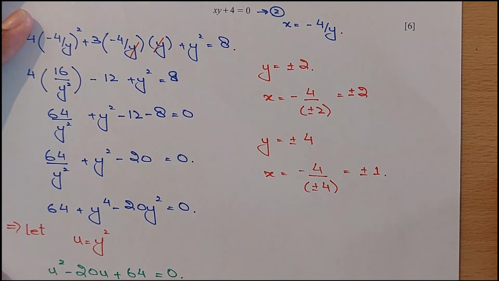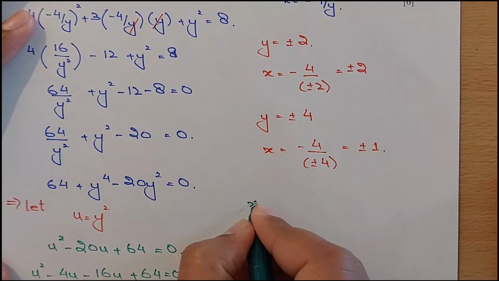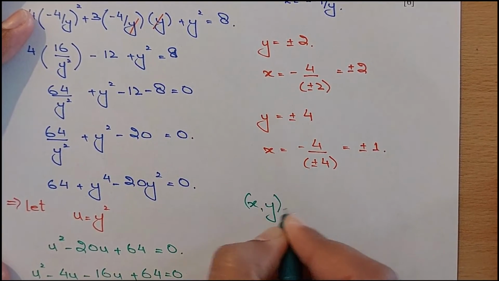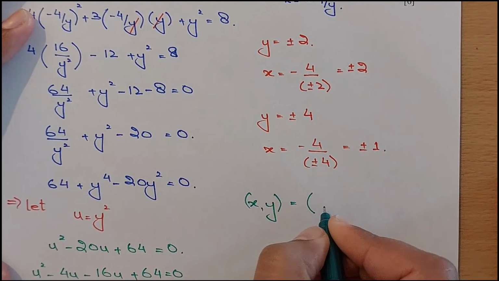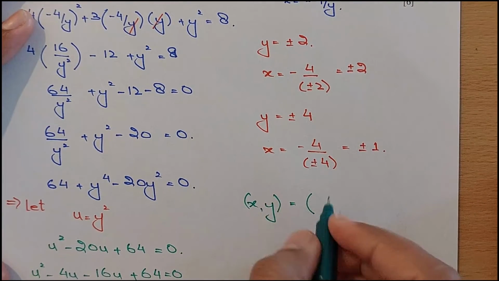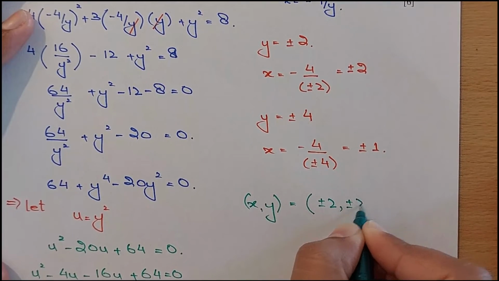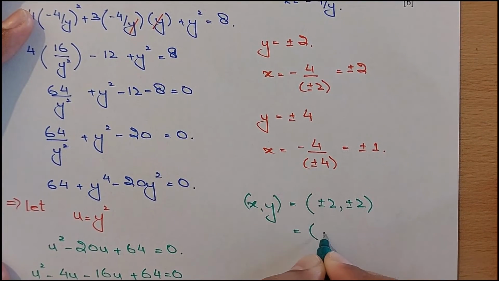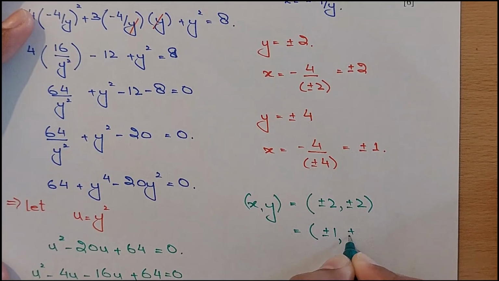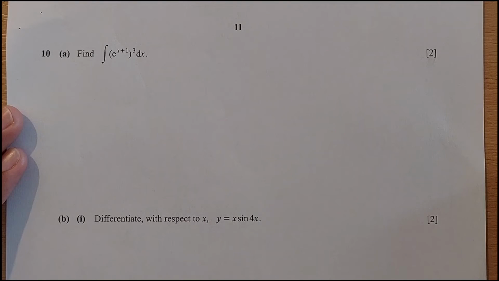Right, so we have 4 values for x and 4 values for y. So when y is plus minus 2, x is plus minus 2, and we have plus minus 1 when y is plus minus 4. So these are the values for x and y.